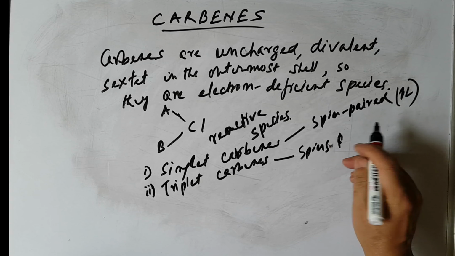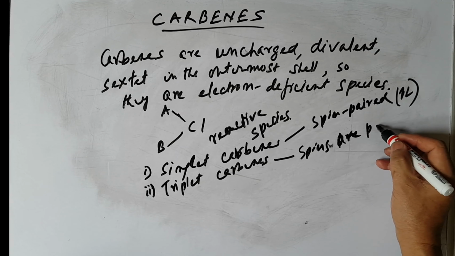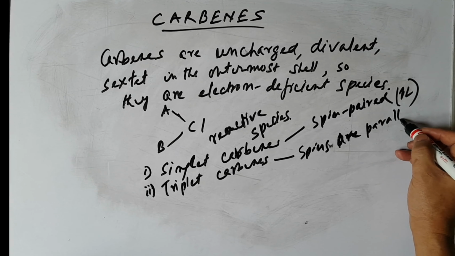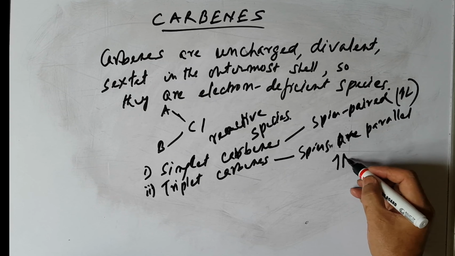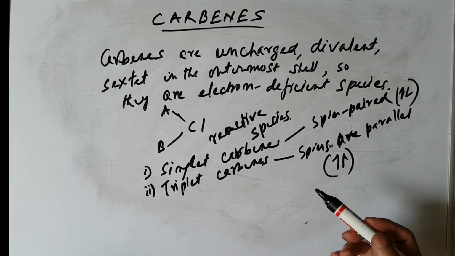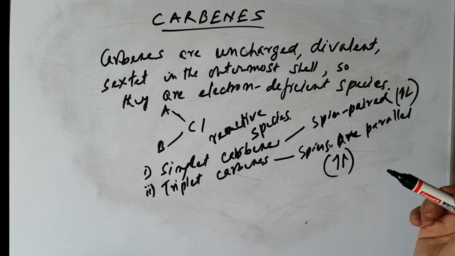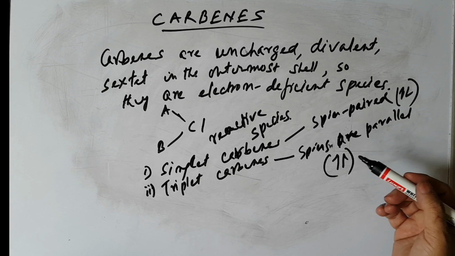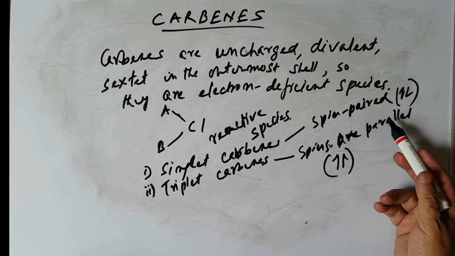The spins are parallel, not paired, so that can be differentiated. In the case of singlet carbene, the two spins are paired, and the total spin is zero.